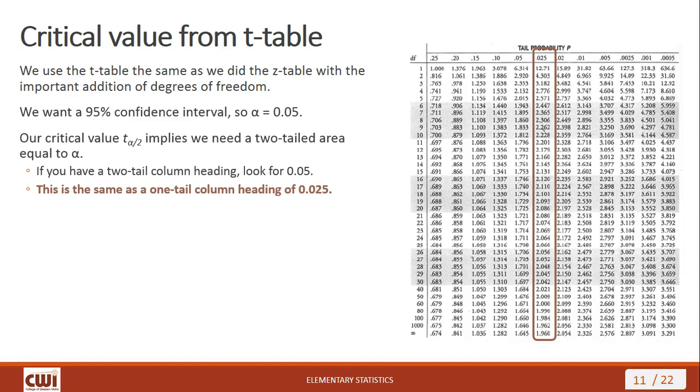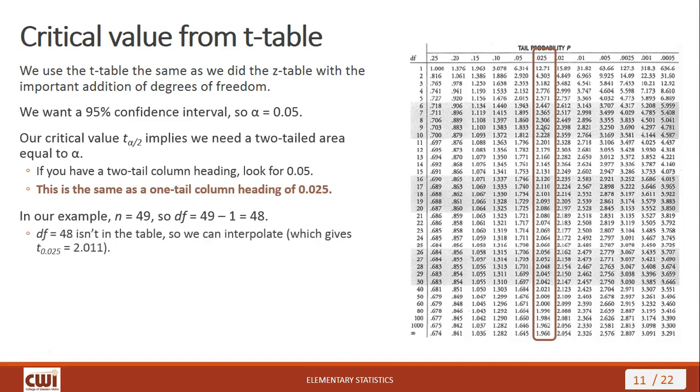Then the next step is to look at our degrees of freedom. In our example, we have a sample size of 49. So degrees of freedom is 1 less than 49, which is 48. Now, if you look at the row headings on the left side of the table, you notice there isn't a row heading for 48.